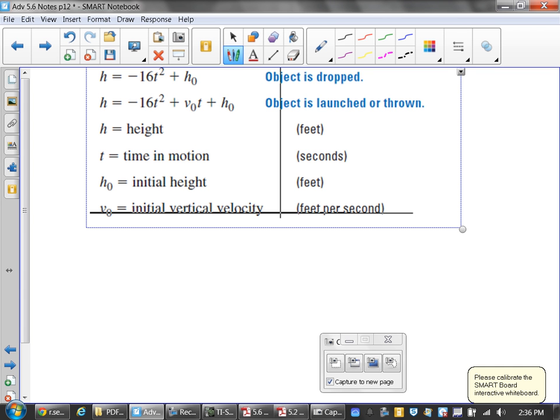Each one of these problems uses that same basic model, and they're going to give you some sort of information. For example, if you kick a soccer ball from the ground, what's the initial height? Zero.